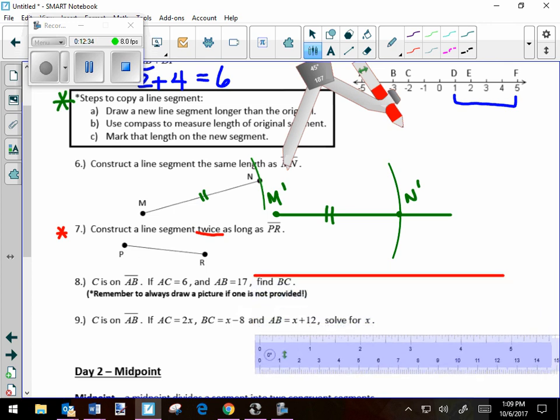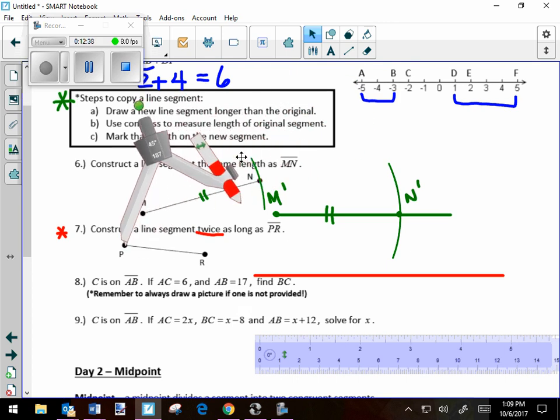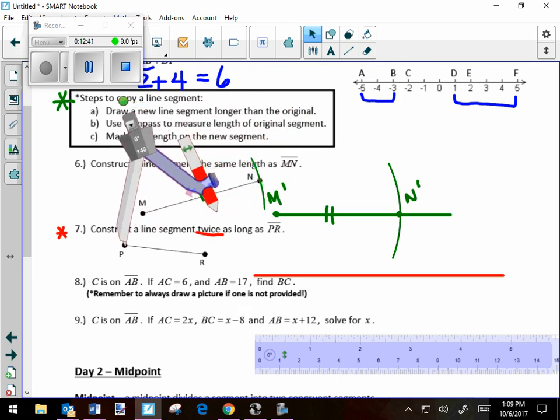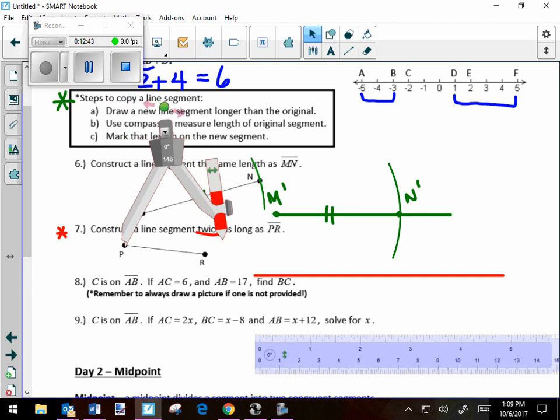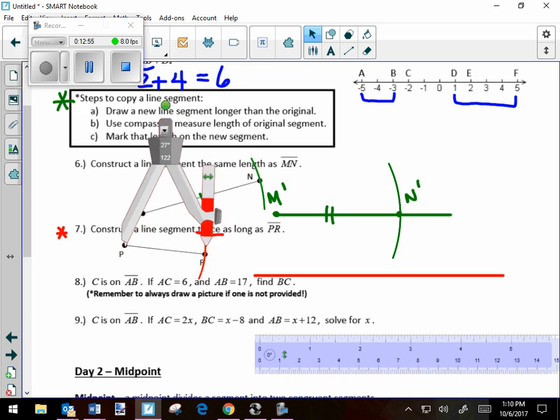I'm going to take my compass and go over to one of the endpoints. And I'm going to line my compass point up, pencil point up at the end so I can clearly see exactly how long my segment is. I'm going to make an arc mark that says I measured it and it's this long.